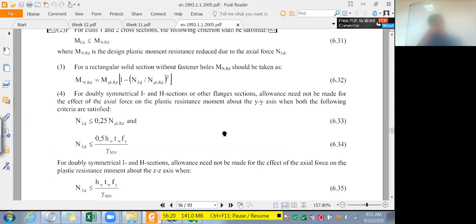Allowance need not be made if they satisfy these criteria.